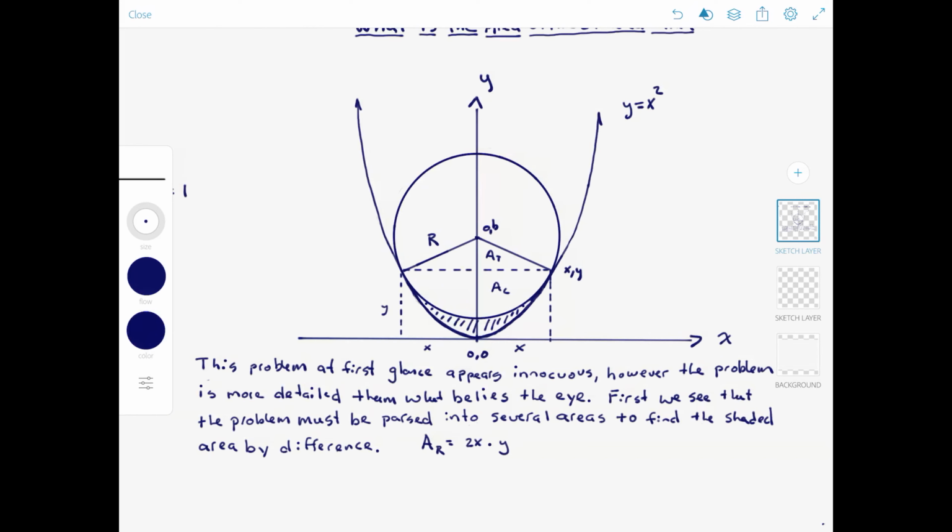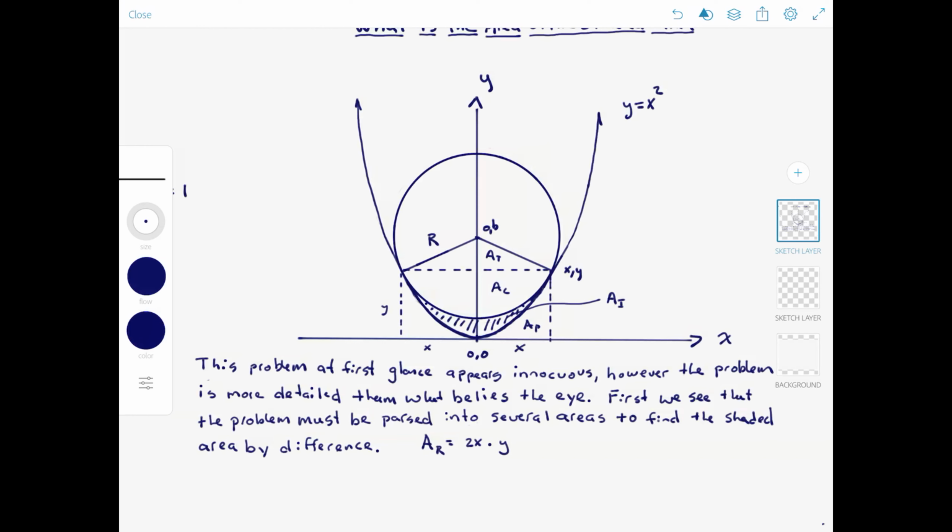It is comprised of the two areas that I showed, AC and AT. And then we have the area below the parabola, which I call AP, which is from the axis line to the parabola, and then AT, which is the shaded area. And so AC plus AT plus AP equals the area of that rectangle.